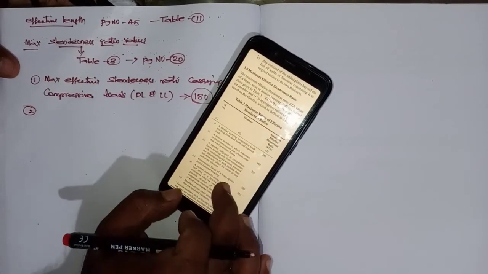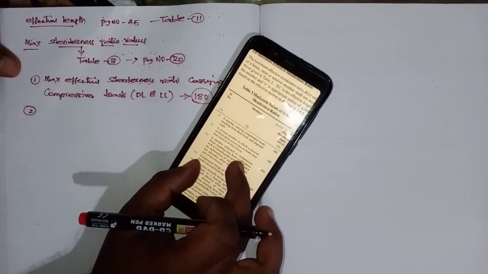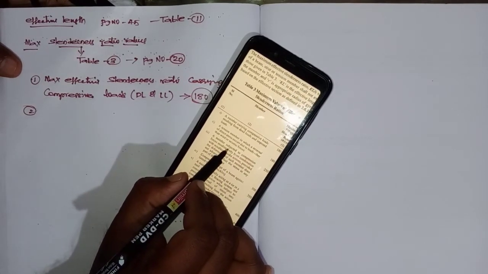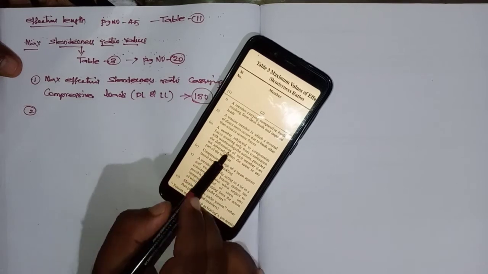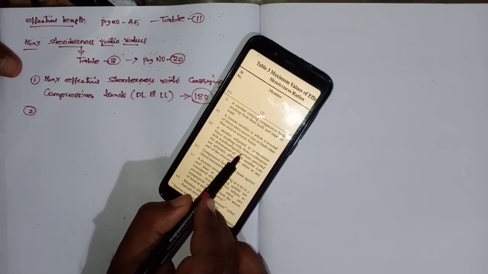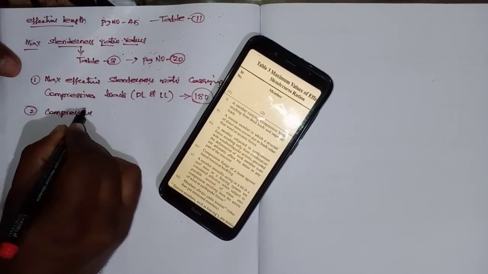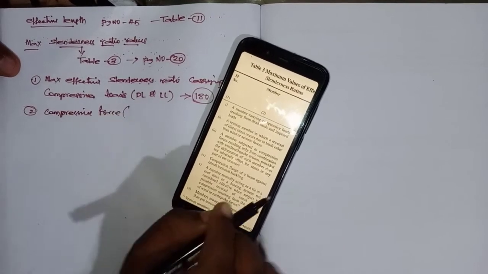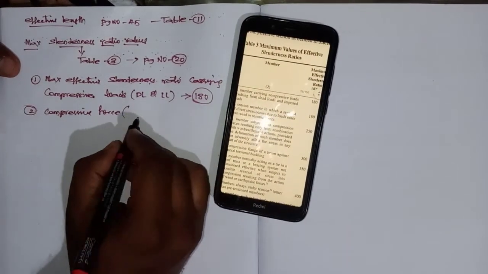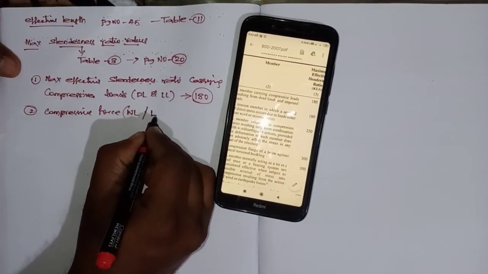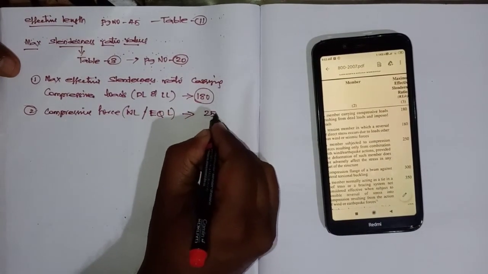No need to see it now because we have already discussed that value. Next, a member subjected to compression force resulting only from wind or earthquake actions, means wind load or earthquake loads, should not exceed 250.